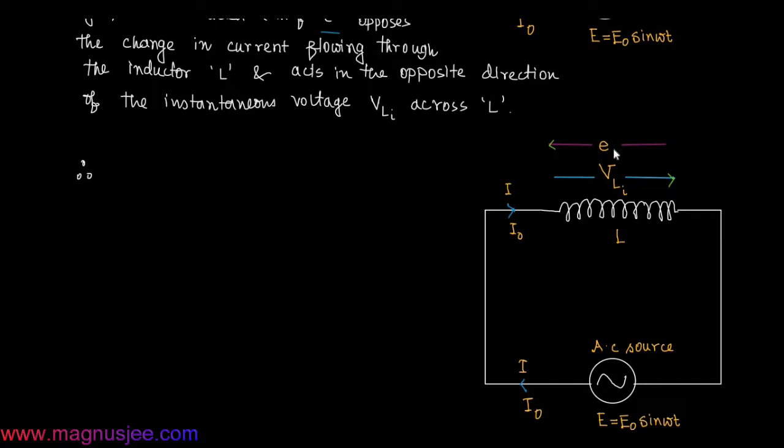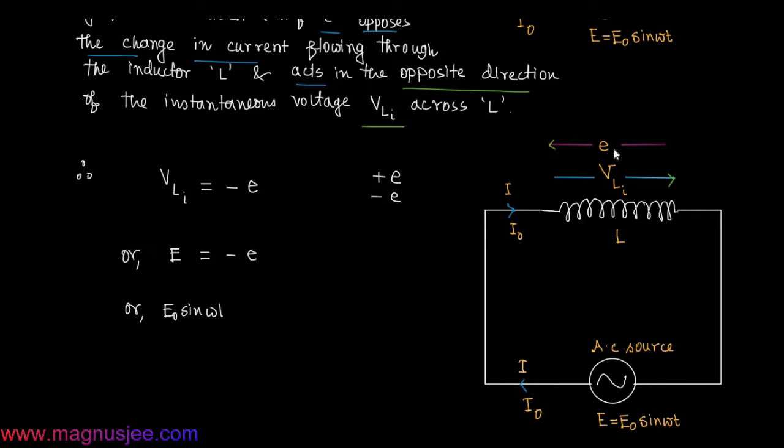Therefore, we can say that the instantaneous voltage across the inductive coil L, V_L, will be equal to minus e, or E is equal to minus small e, and E0 sin omega t will be equal to minus small e, where small e is equal to minus L di by dt.